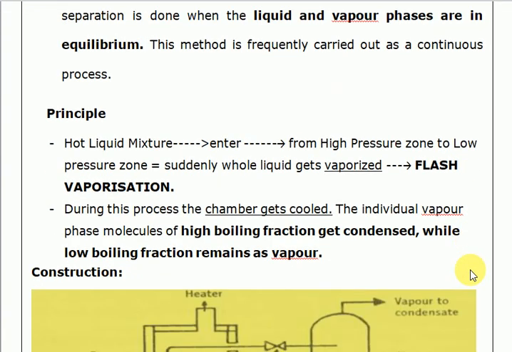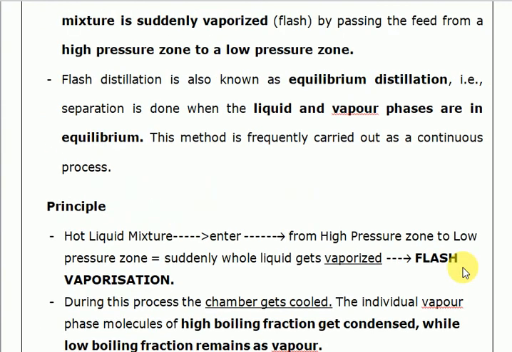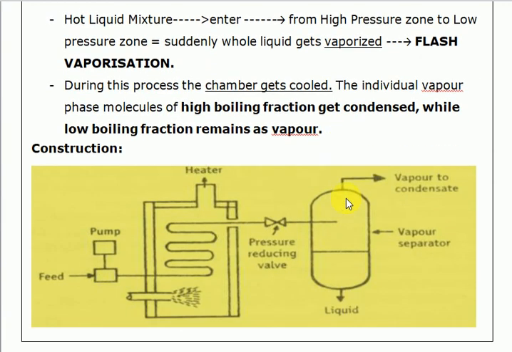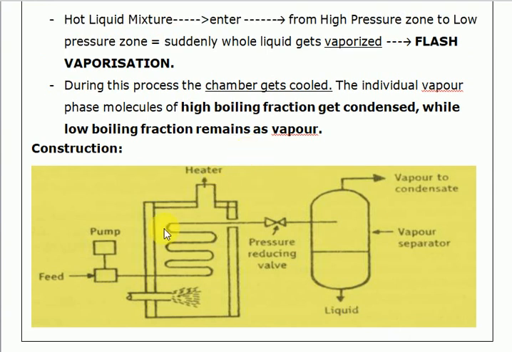Firstly, I'll make you understand the principle and what the equilibrium in this definition wants to tell you. This is the construction: there is a pump and a feed. The feed means the liquid mixture. This is the heating chamber where the binary mixture would be heated.